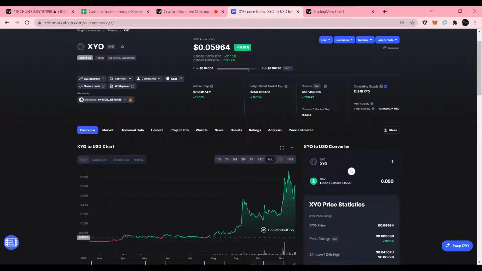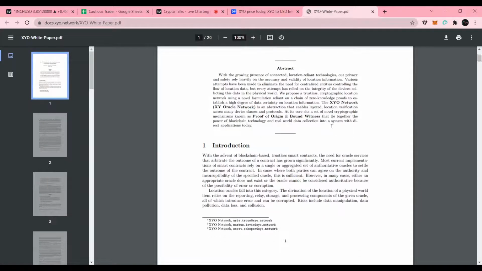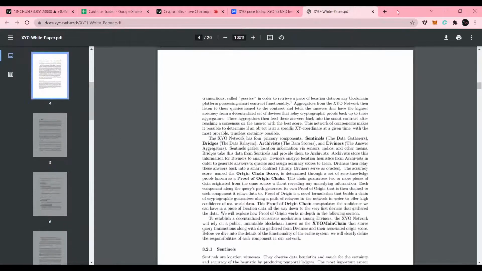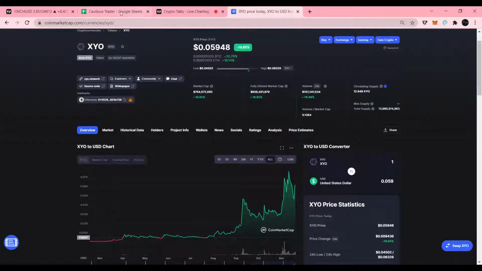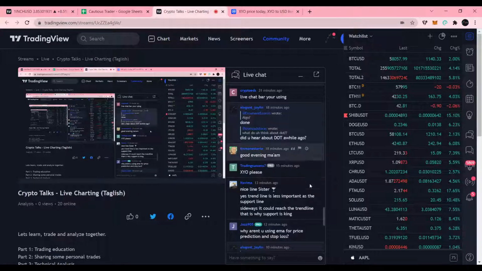Max of 6, like it's good. But if you want to read it, you can actually go here and click on the white paper. Allocation, proof of origin, cryptographic location, something. And then, yeah, just read about the XYO. So next, done na si XYO.